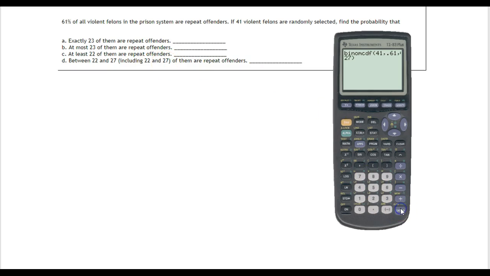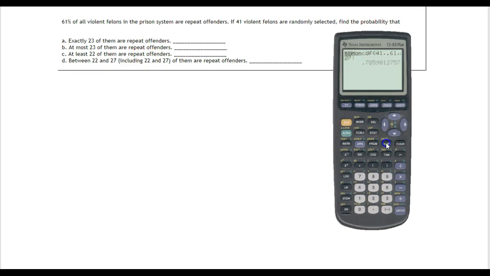So this is going to give me the probability of everything less than 27. Okay, but remember, I want to stop at 22. So I need to find out the probability of less than 21.